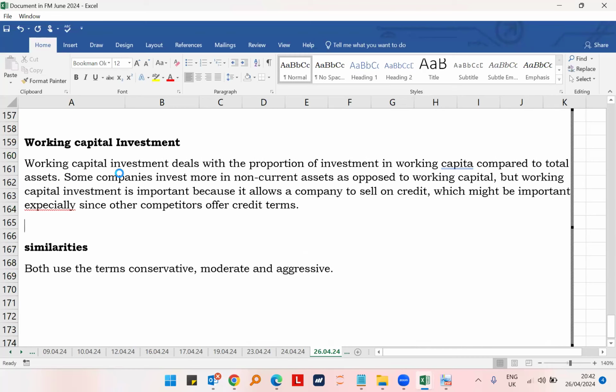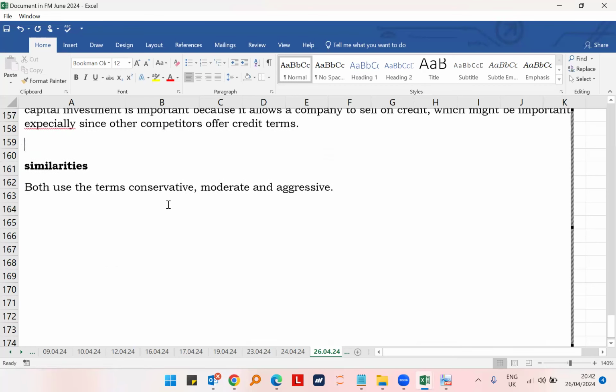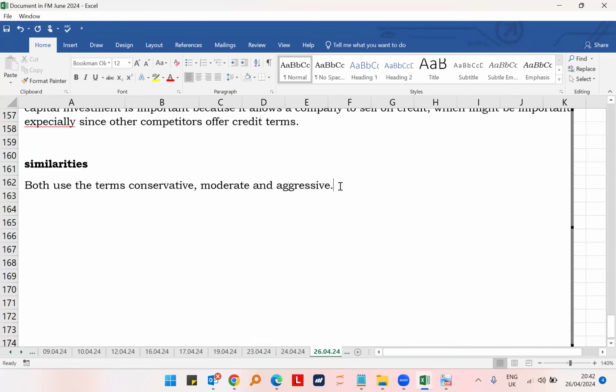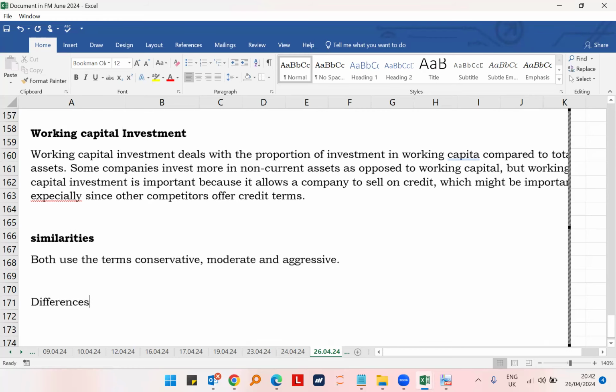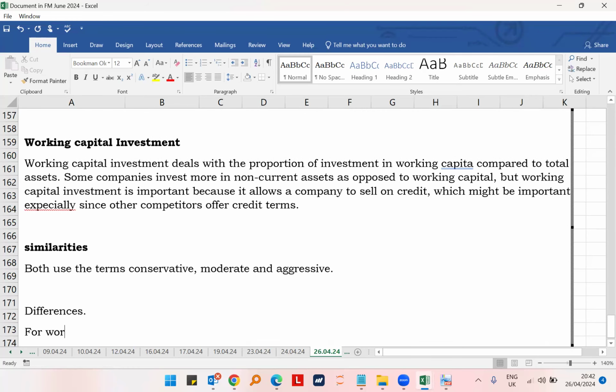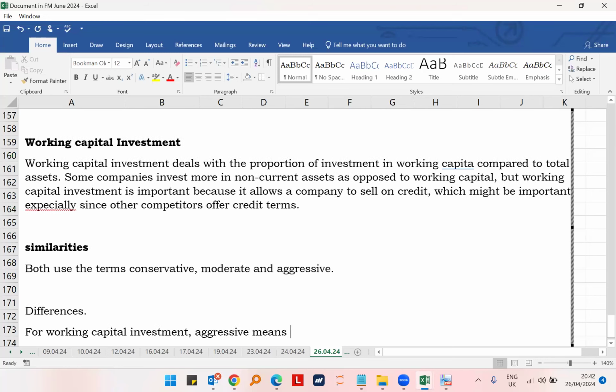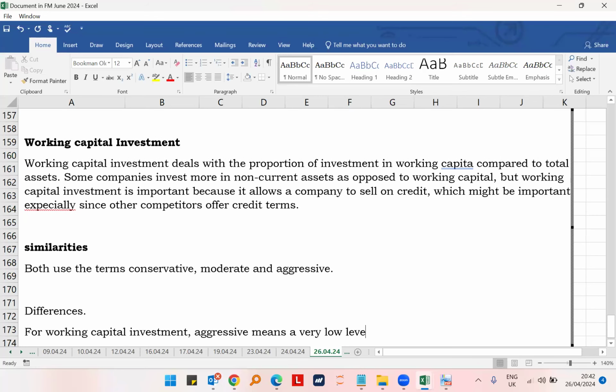So now the similarities are that both they use the term aggressive, conservative, and moderate. And the differences is that for working capital investment, aggressive means a very low level of investment in working capital.